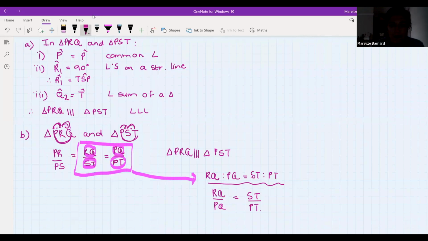So how can I change this around to look like this? Does anyone have any ideas? How can I get RQ over ST equal to PQ to PT to be RQ over PQ equal to ST over PT? How can I do that?